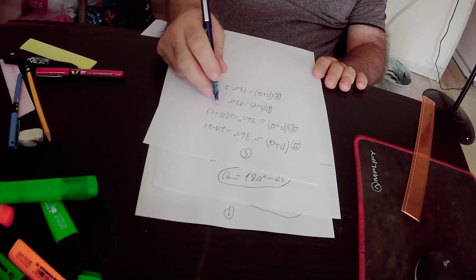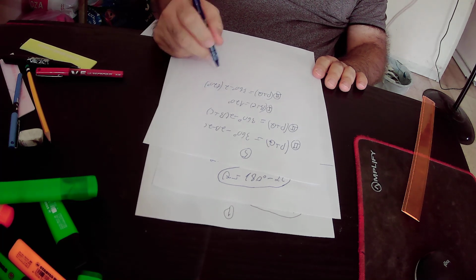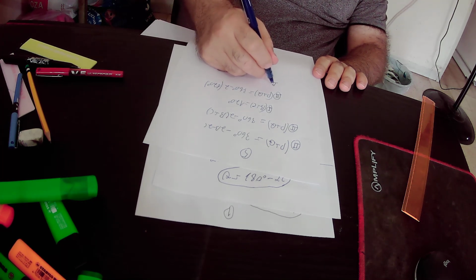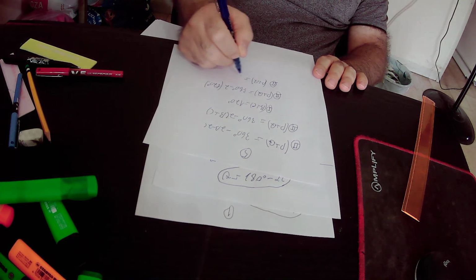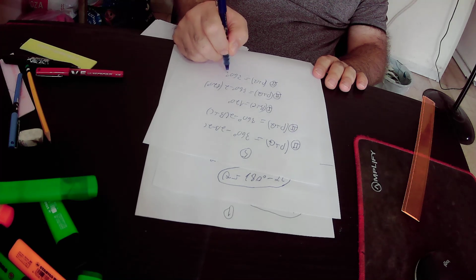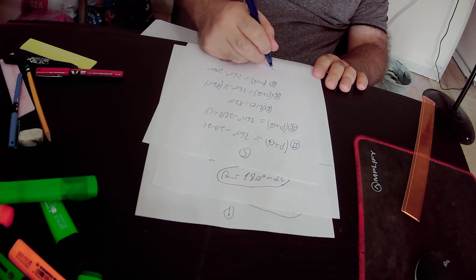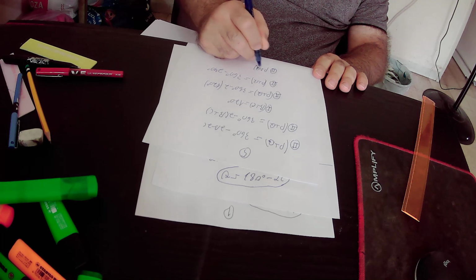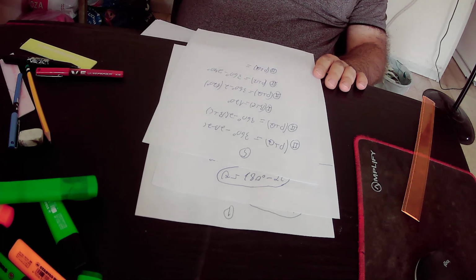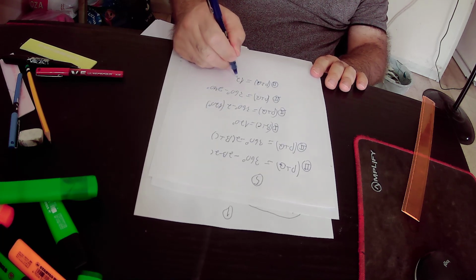So we'll substitute B plus C by 120 degrees. And 2 times 120 degrees is 240 degrees. So we will get that P plus Q is equal to 360 degrees minus 240 degrees. Okay, so P plus Q is equal to 360 degrees minus 240 degrees, which is 120 degrees.